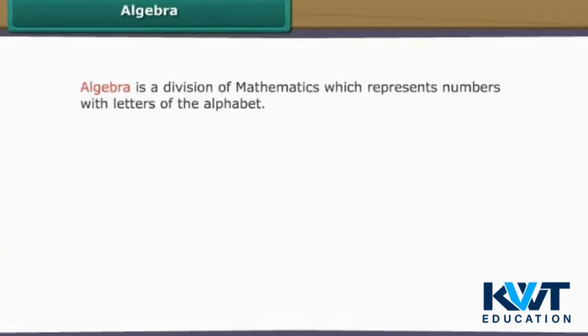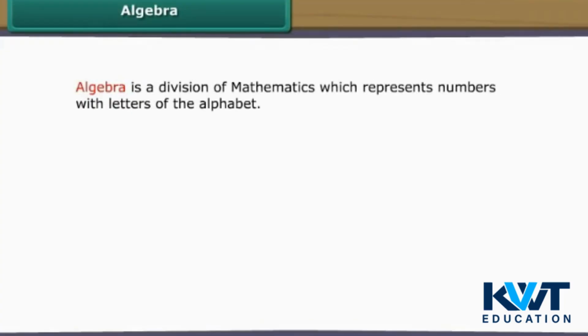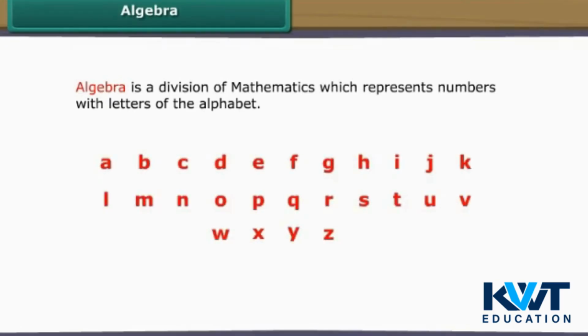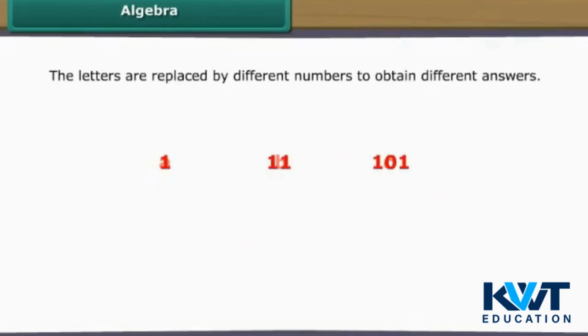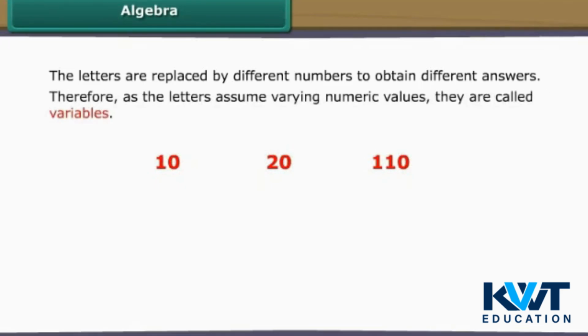Algebra. Algebra is a division of mathematics which represents numbers with letters of the alphabet. The letters are replaced by different numbers to obtain different answers. Therefore, as the letters assume varying numeric values, they are called variables.